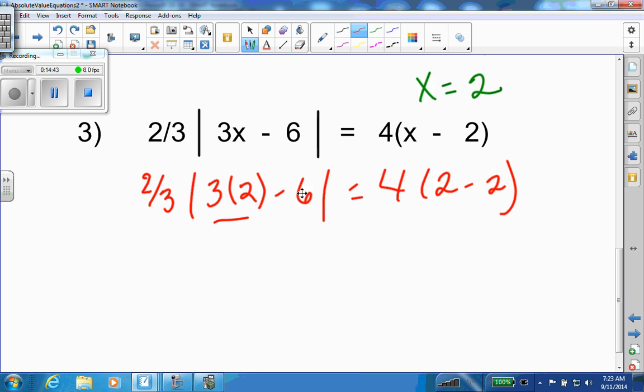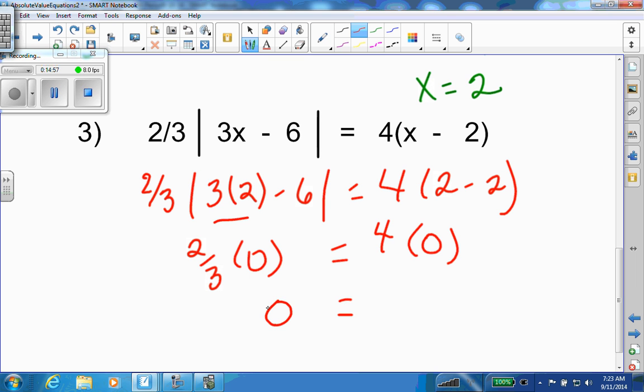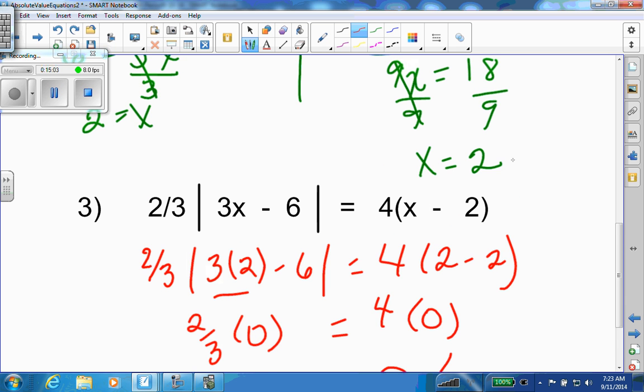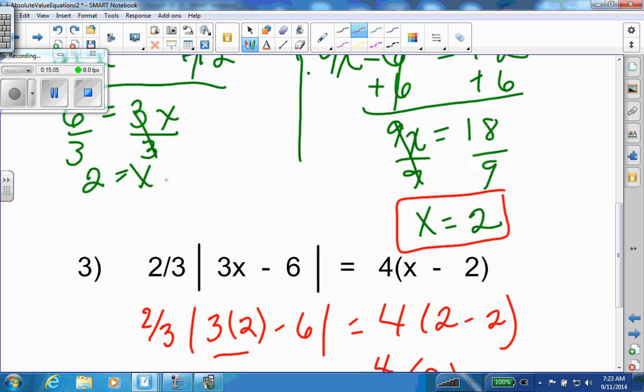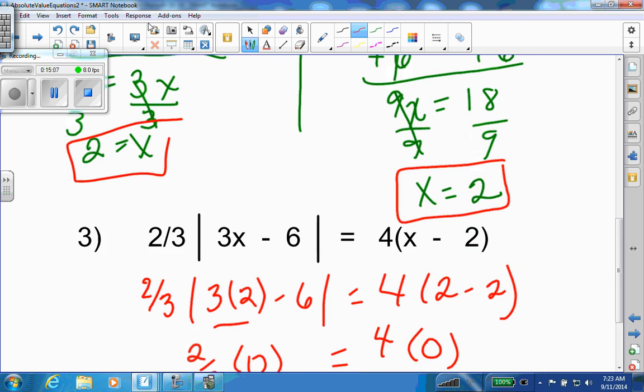And then 6 minus 6 will be 0. So the absolute value of 0 is 0. Multiplied by 2/3. And on the right side, 2 minus 2 in the parentheses is 0. So we're going to multiply 2/3 times 0 and get 0, and 4 times 0 and get 0. That is a true statement, so our solution of 2 is true.